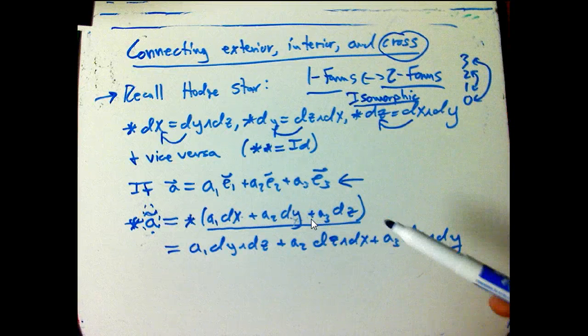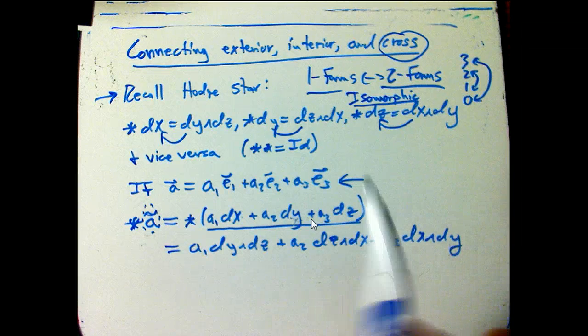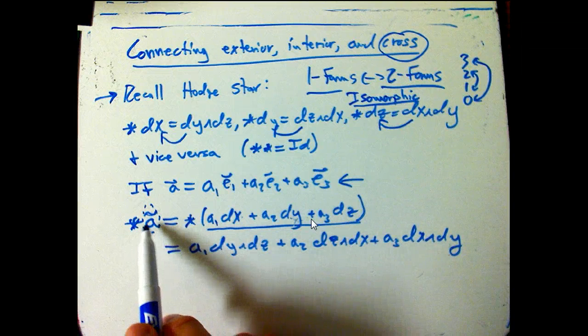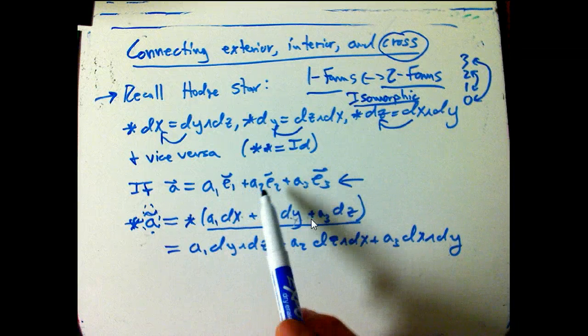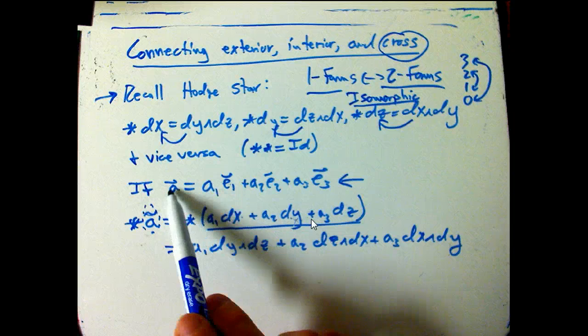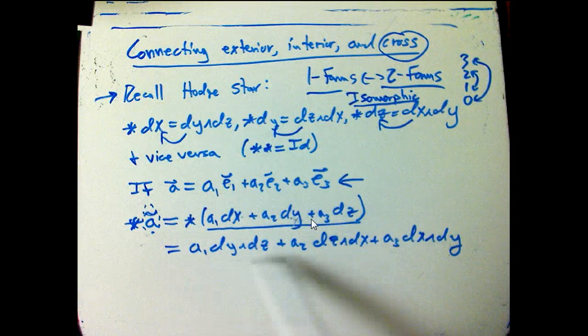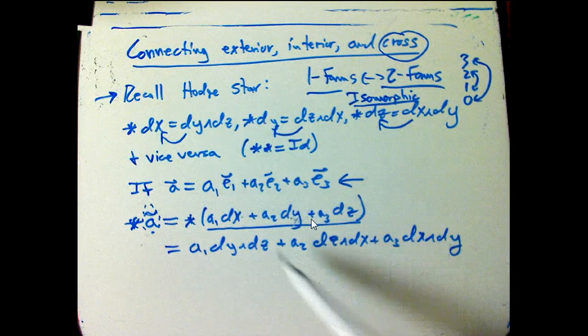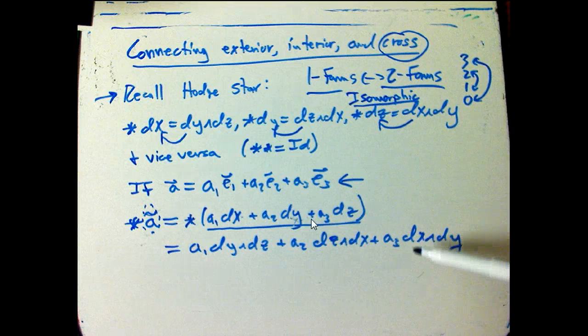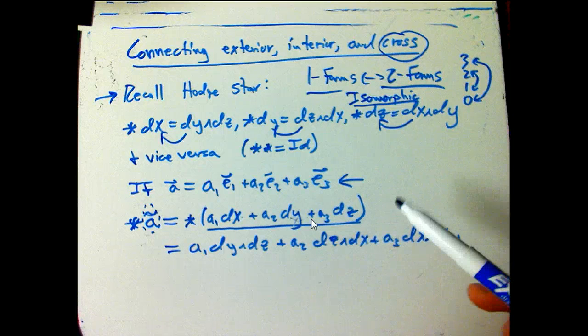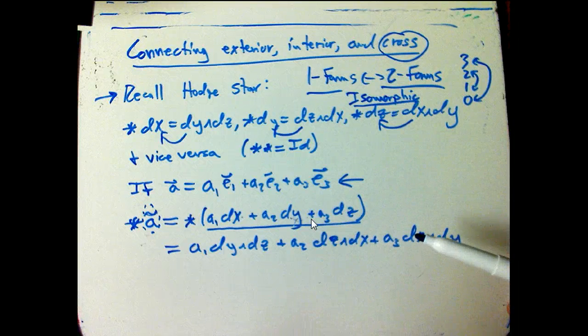And so it's okay that we're depending on that structure now. So what the star allows us to do is to identify really 3 kinds of things as basically the same object: vectors, 1 forms, and 2 forms. And we're going to freely use those translations, and really this is going to be about how those translations work and how they allow us to do things like the triple vector product.